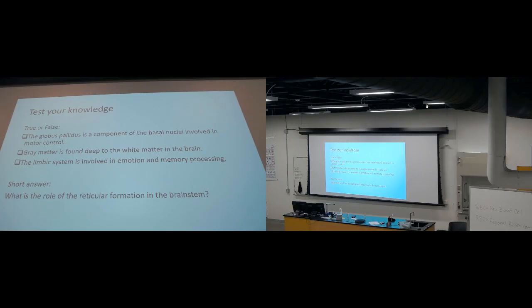To keep us what? If someone has a whiplash and damages the reticular formation, will the person be conscious, or will they be in a coma? So the reticular formation keeps us awake.